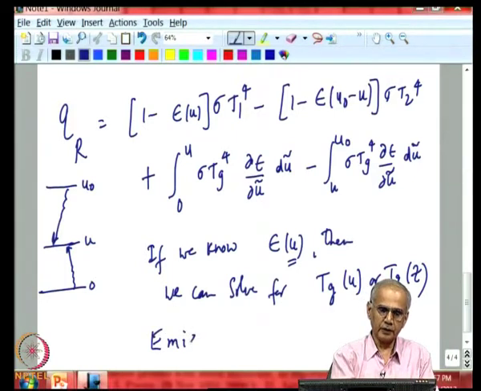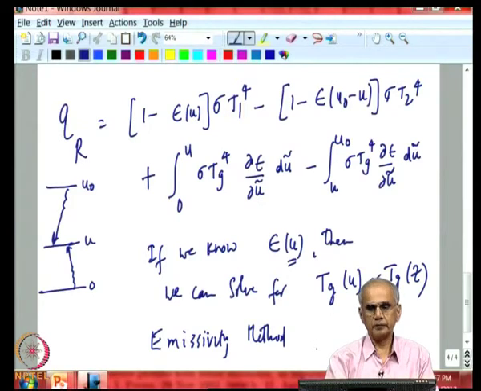So, the emissivity method for solving non-gray problems is feasible if somehow you can get hold of the exact nature of the variation of emissivity with path length.